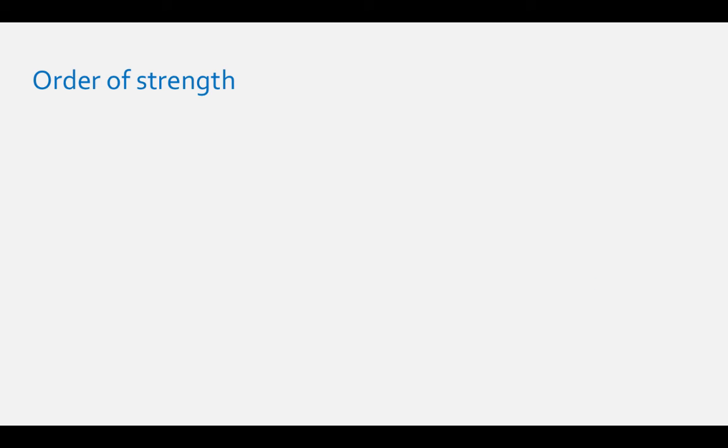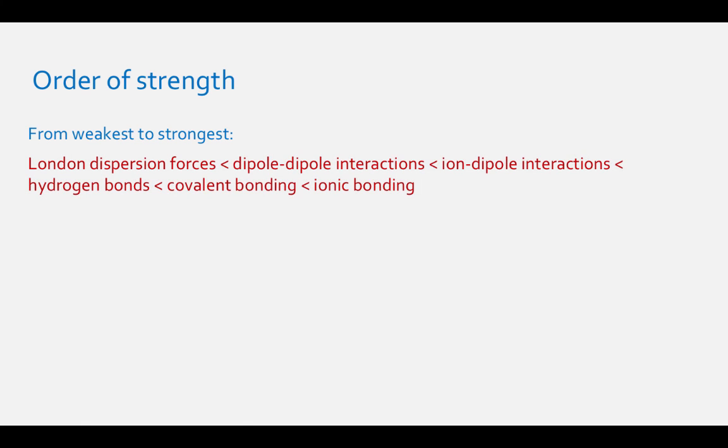The order of strength in intermolecular and intramolecular forces is from weakest to strongest: London dispersion forces, dipole-dipole interactions, ion-dipole interactions, hydrogen bonds, covalent bonding, ionic bonding.